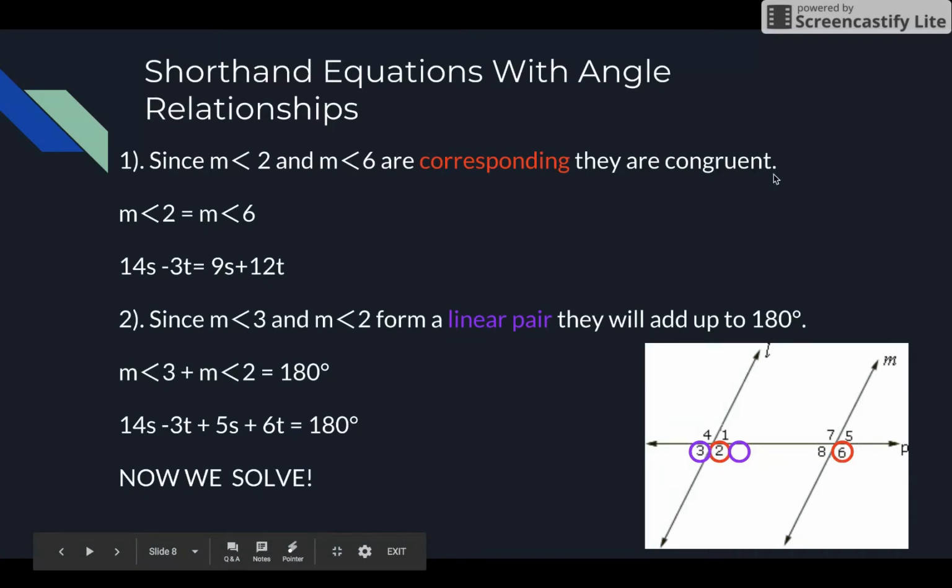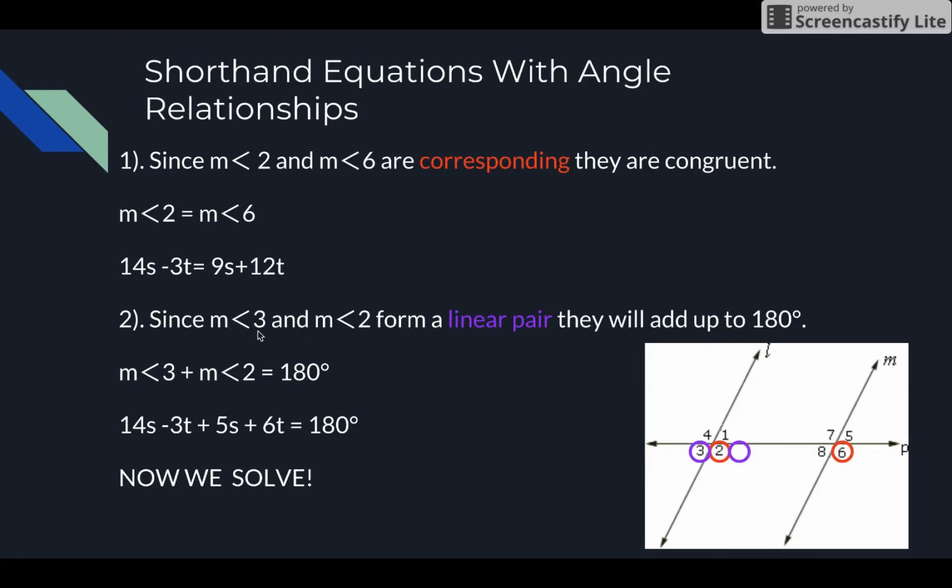So they are congruent, and our shorthand equation will be measure of angle 2 equals measure of angle 6. Then we can plug in what we know about those two angles, which is 14s minus 3t equals 9s plus 12t.